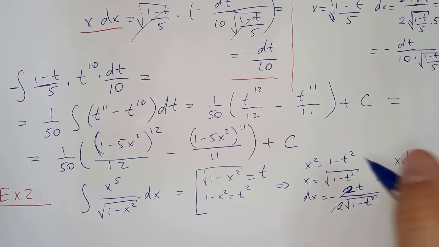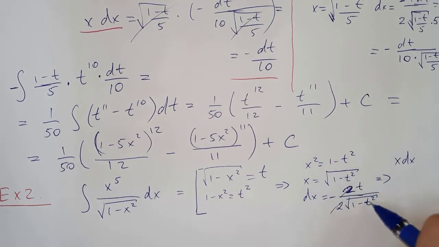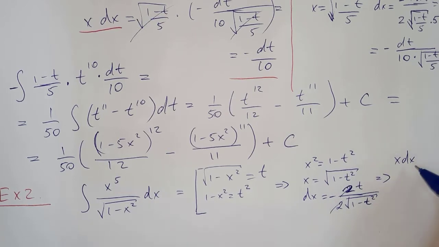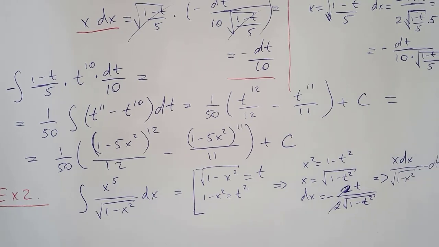So they are cancelled again, and x dx over the square root of 1 minus x squared, which is t, gives us minus dt.